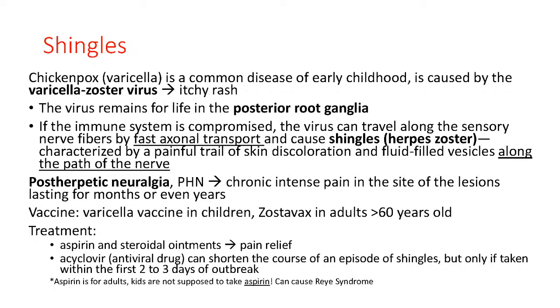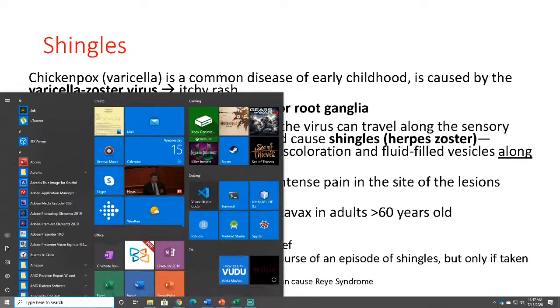There is a vaccine for the varicella zoster virus available to children, called Zostavax. Adults can get it over age 60. There's an age requirement actually for children as well.